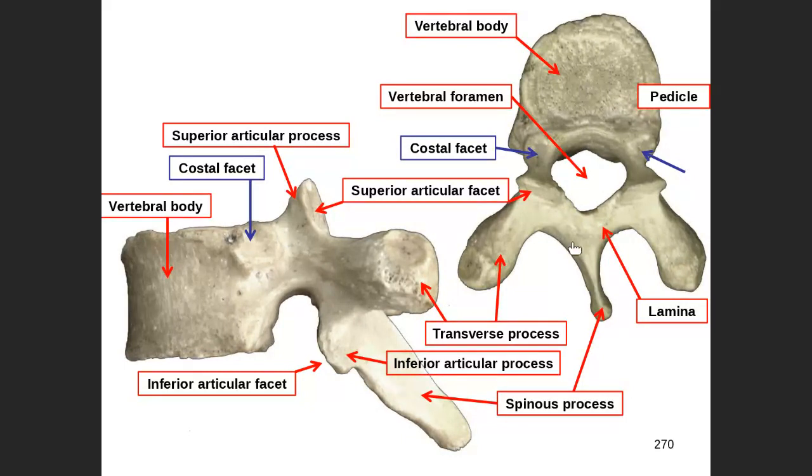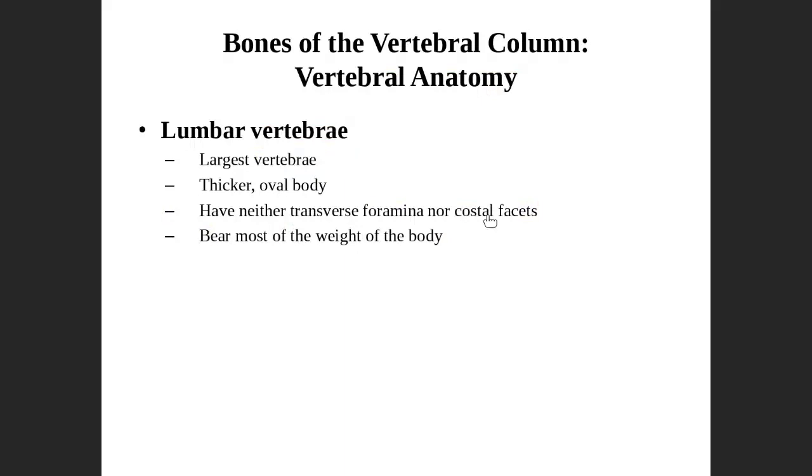It doesn't look like it's that long, only because it's angled down into the page. But thoracic vertebrae have the longest spinous processes. The lumbar are kind of blunted, but they have the largest vertebral body. They do not have any costal facets. Why? No ribs, no rib articulation. And they don't have transverse foramina, so we will not see any holes in their transverse processes.